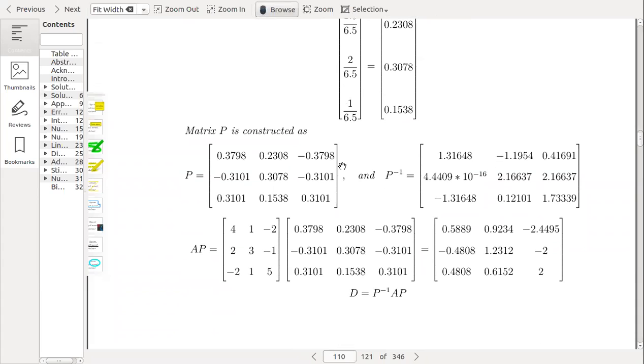So you will get this matrix P is equal to 0.398, 0.2308. Then you have to take the inverse of this matrix P. So after taking the inverse of this matrix, you will get this P inverse is equal to 1.31648, minus 1.1958, 0.41691.